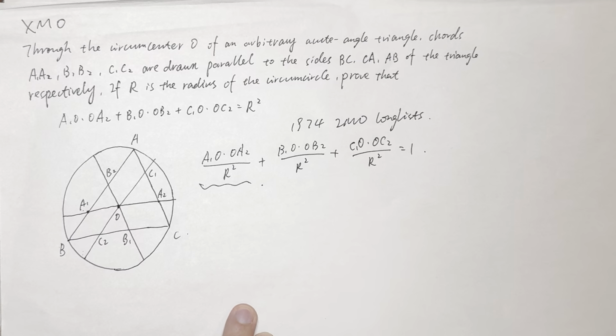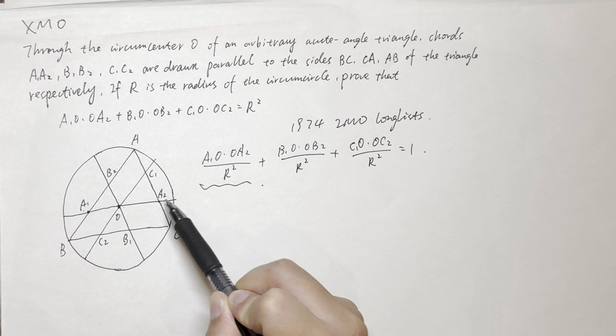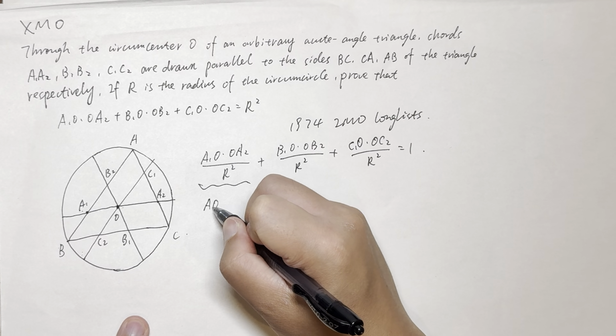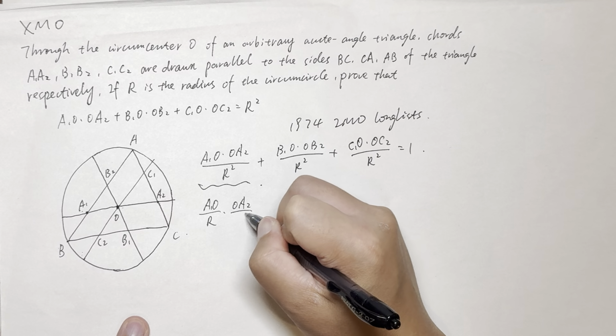Let's consider this term. OA1 times OA2 divided by R squared, we can make it to be OA1 divided by R times OA2 divided by R.